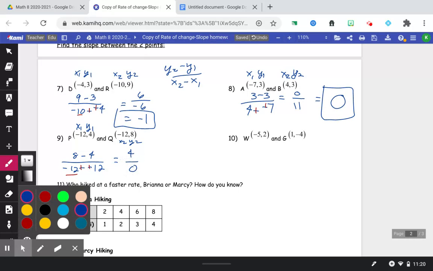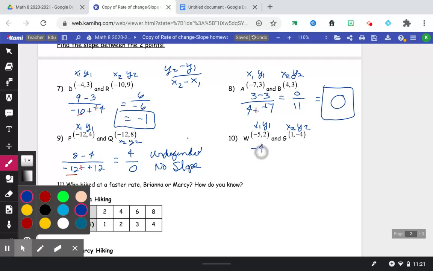Well, if you try to put 4 divided by 0 in the calculator, it says error. That's because you cannot divide by 0. So this is what we call undefined or no slope.